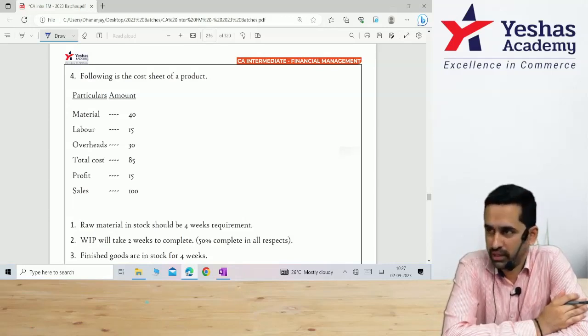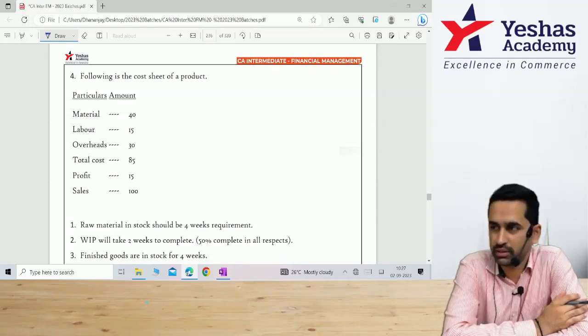Because I told you at the beginning of the topic itself, many students know what into what by what. They don't know why into why by why. So you need to understand the logic, then things will be easy, even if they twist some different adjustment in the exam. If your concepts are clear, you'll be able to apply the subject knowledge.